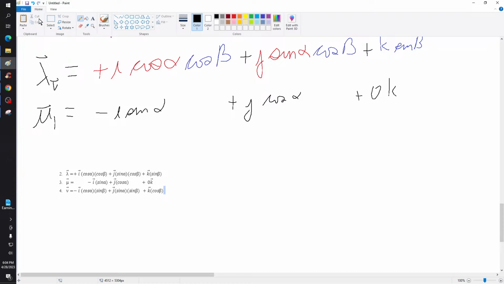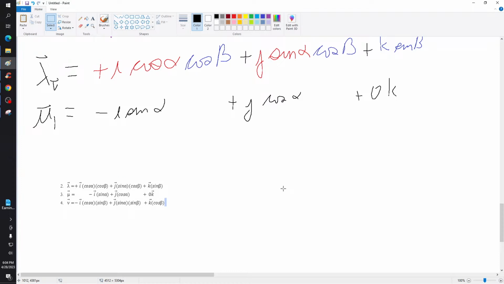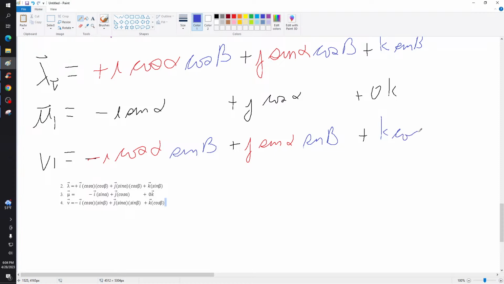And then we get nu1 equal to negative i cosine alpha sine beta plus j sine alpha sine beta plus k cosine beta.